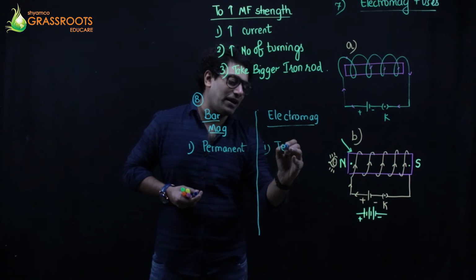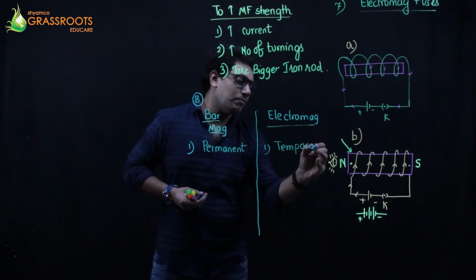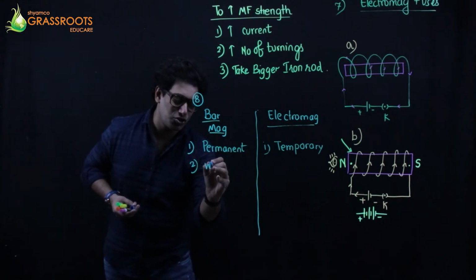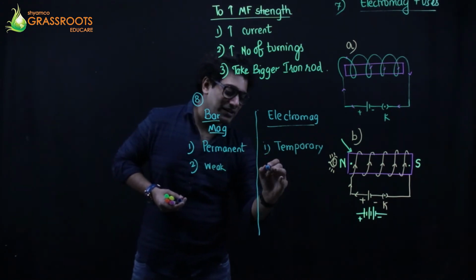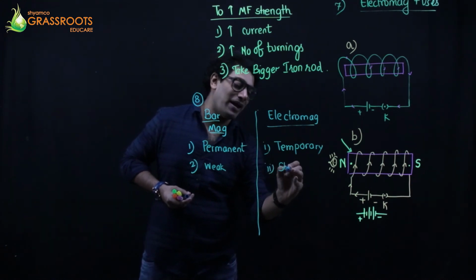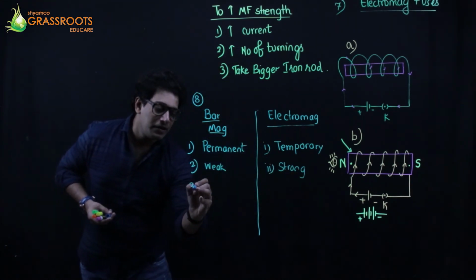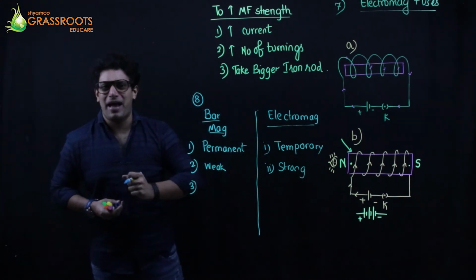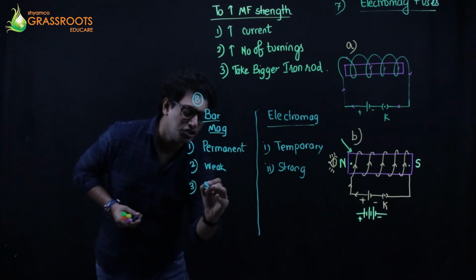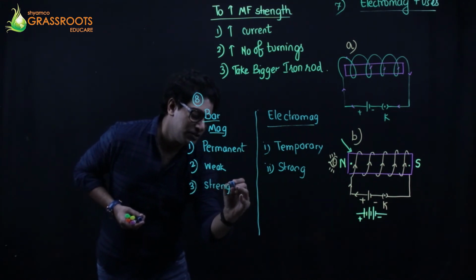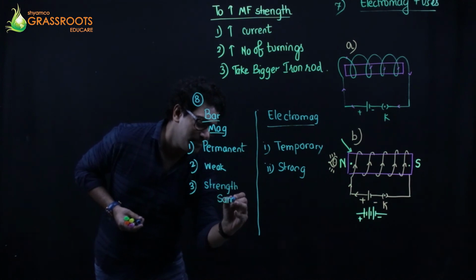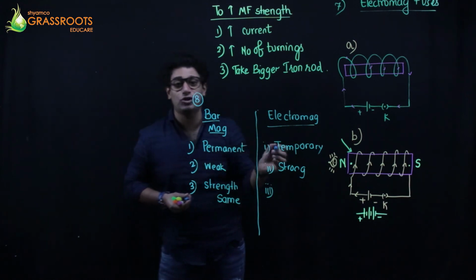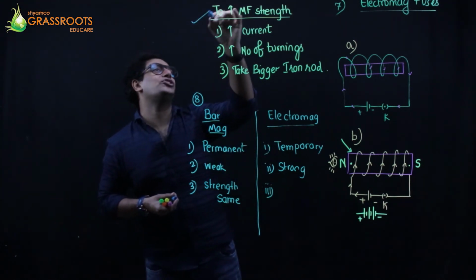Electromagnet is a temporary magnet. Bar magnet's strength, it's a weak magnet. It's not that strong. Electromagnet is a strong magnet. I can say the strength of a bar magnet remains the same. You cannot change the strength. The strength remains the same, but the strength of the magnetic field of an electromagnet can be changed, right?